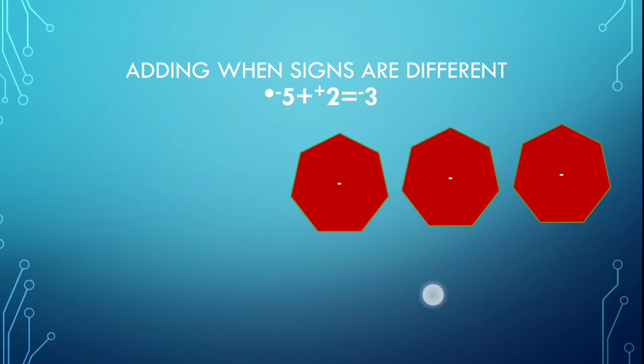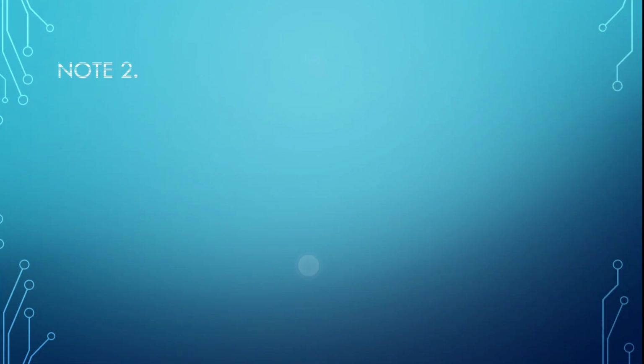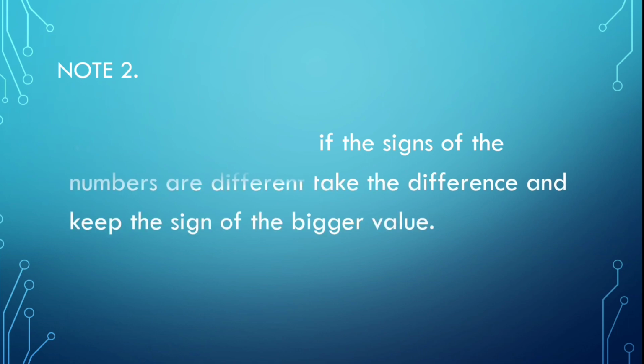So the takeaway from this is that whenever you're adding and the signs of the numbers are different, you subtract the values, or you take the difference of the values, that is, take away the smaller one from the larger one, and you keep the sign of the bigger value.